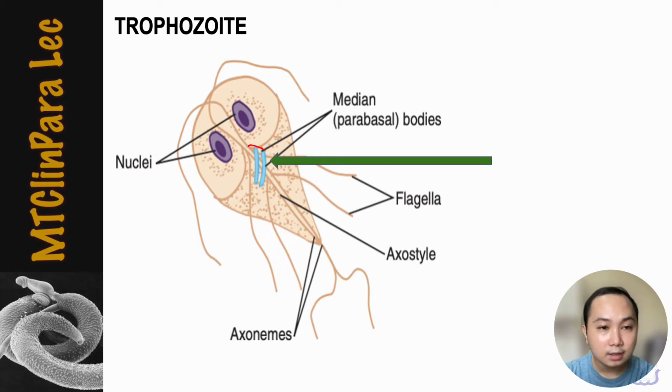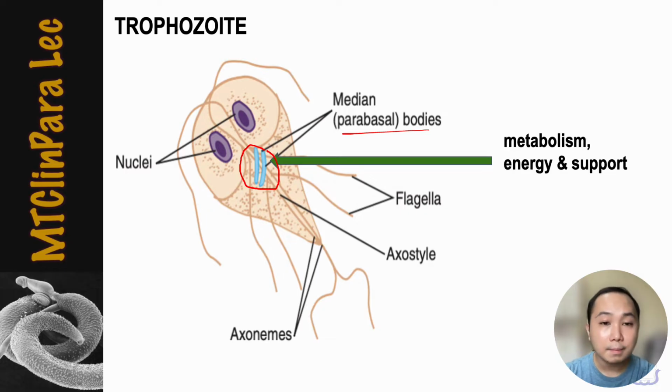This blue part here, although it's not necessary to memorize the function of these particular organelles, is important because their appearance may have different types, and that could help us in identifying them under the microscope. Your median or parabasal bodies are used for metabolism, energy, and support. So their function is very general, and there are not much details regarding these particular functions.